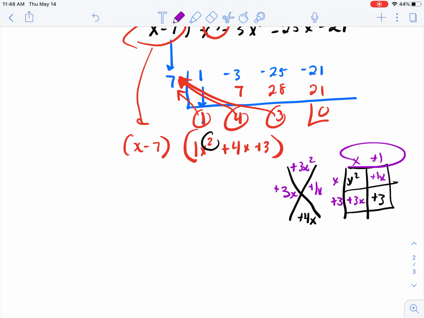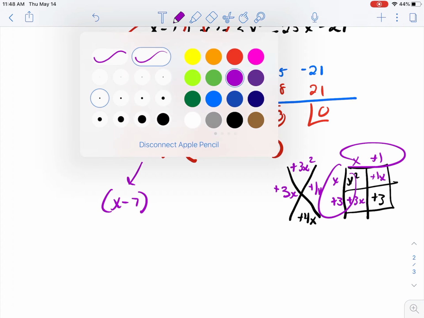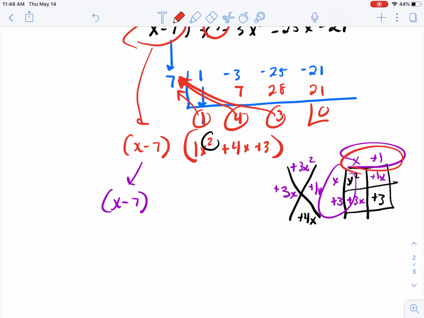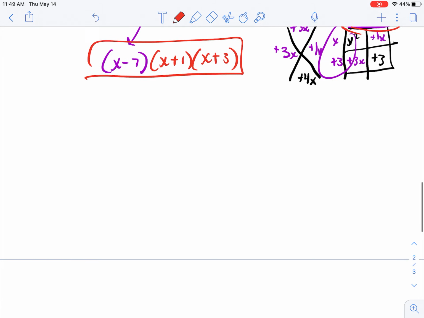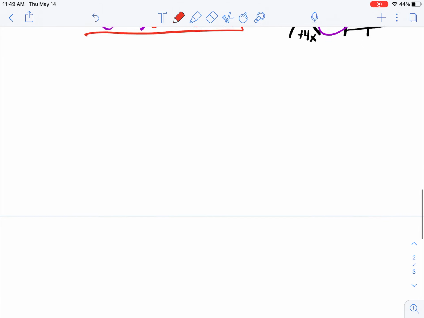Now factor: x plus 1 and x plus 3, and there's my other 2 factors. So I have x minus 7, and then my 2 new ones I just found, x plus 1 and x plus 3, like so. All right, let me go through one more, or maybe a couple more examples of this.